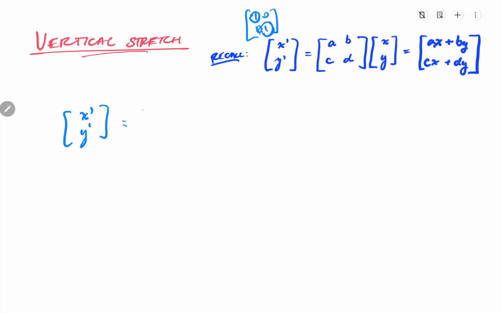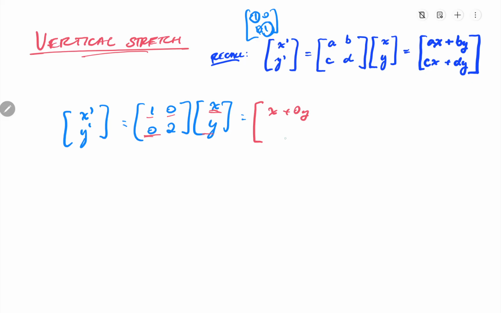So let's say we have our identity matrix, but with a 2 here instead, and we have our input. In our output, we would have first times first plus 0y in the first row, and then 0x plus 2y in the second row.